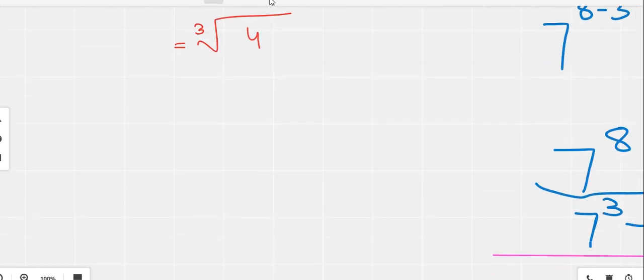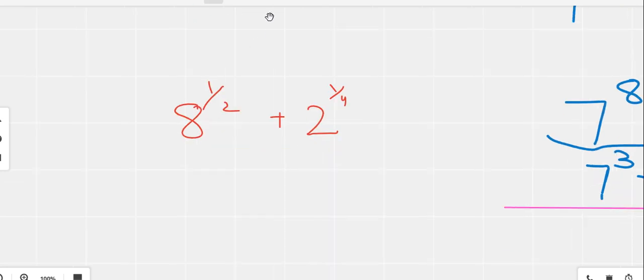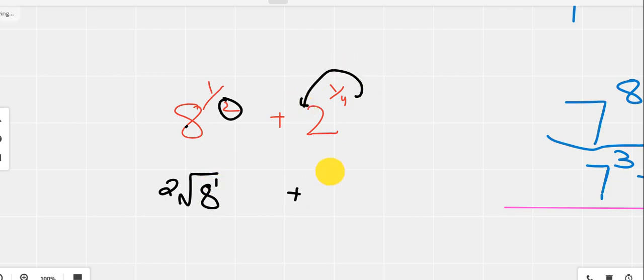So let's say we have 8 to the power of 1/2, this fraction, plus 2 to the power of 1/4. Now how will we write this one in root form? So this 2 will come as the root of 8, so it becomes the 2 root of 8 power 1, plus this one will become the 4th root of 2 and power 1.